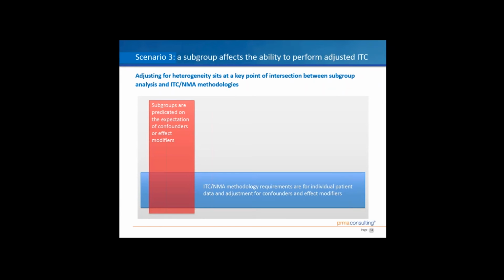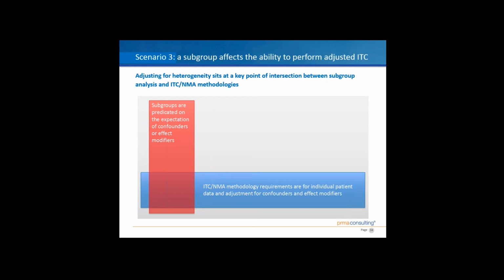The third subgroup, which I wanted to get to, like I said, this is the one with the interesting technical challenges. What happens when the subgroup affects the ability to perform adjusted indirect treatment comparison? More than the others, this comes back to the point that I was making at the start. If you visualize this problem, in this case, I've drawn it as effectively orthogonal requirements.